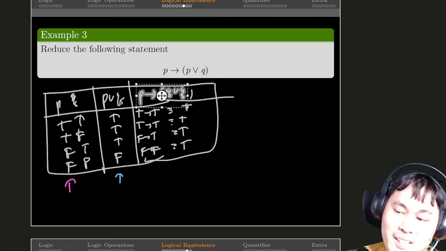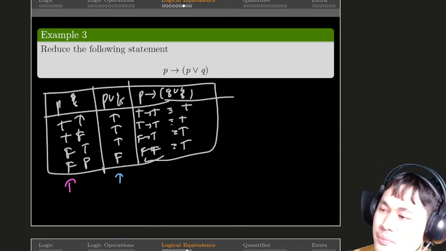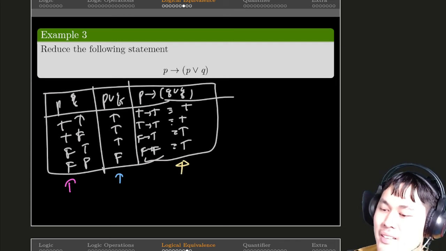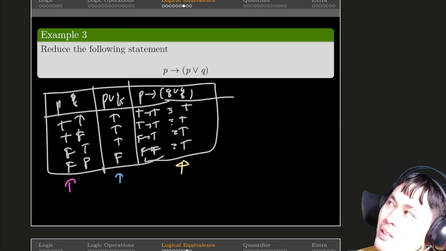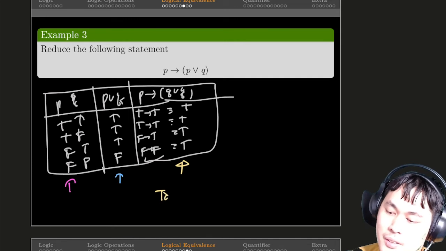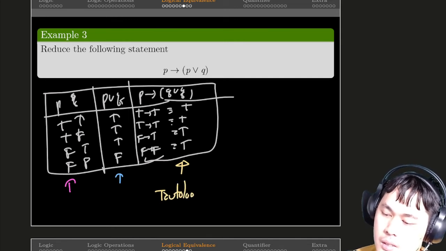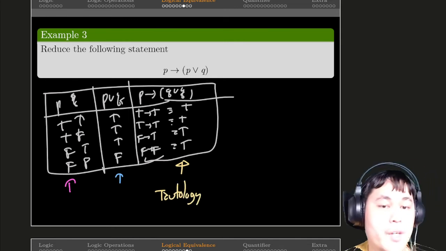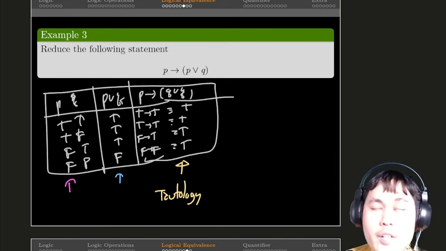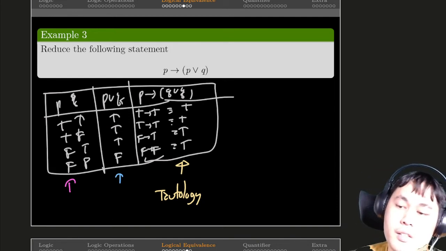Actually, this statement is always true. There's a word for this too, but we didn't go over that, which is tautology. A statement that is always true, no matter what the truth value of each individual statement is.